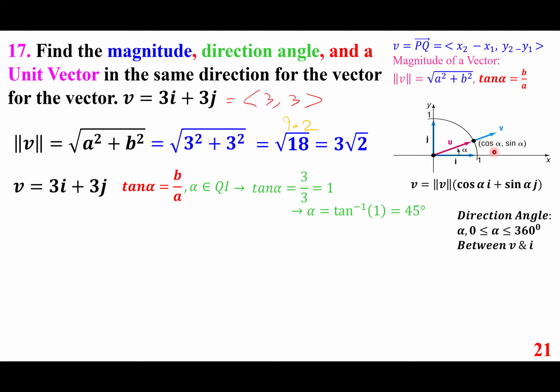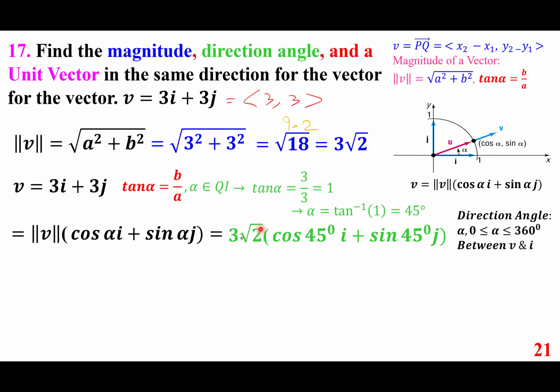So what is the direction angle? The angle the vector makes with the positive side of the x-axis. So according to this formula, then v is this times cosine of this i plus sine of this j.